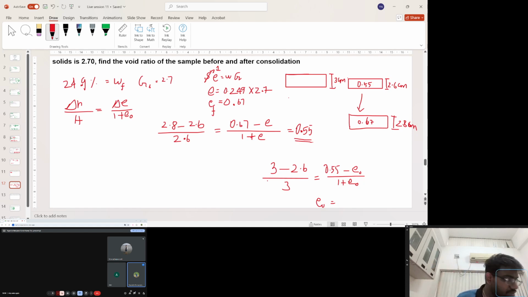Are we getting it properly or not? We have done it anyway. It's the same I am getting. 0.55 is the final value. 3 minus 2.6.